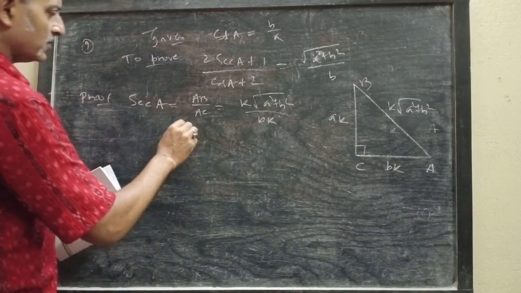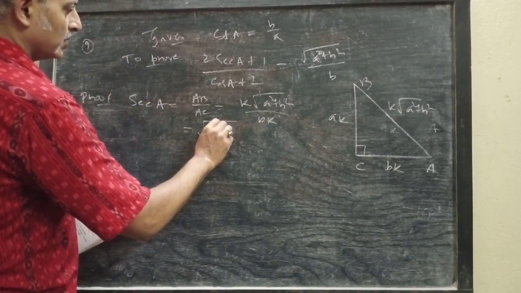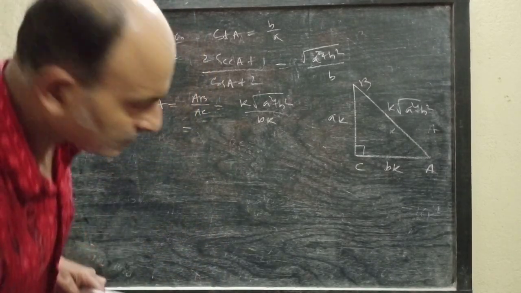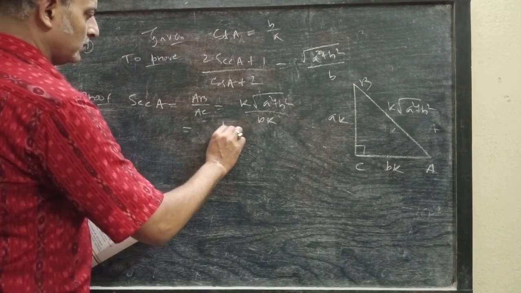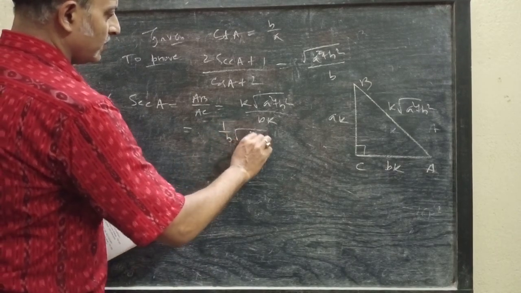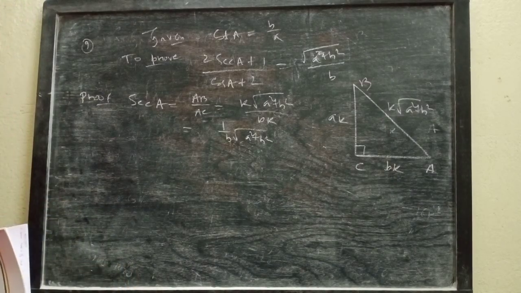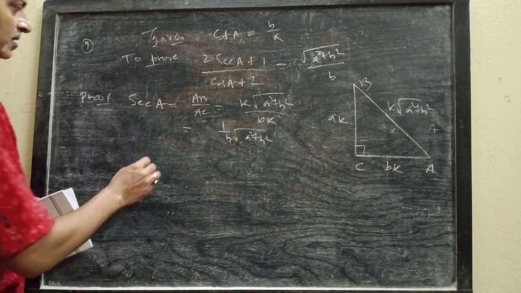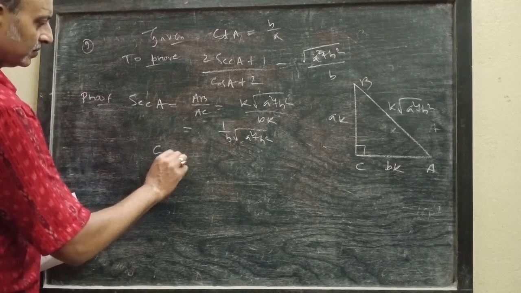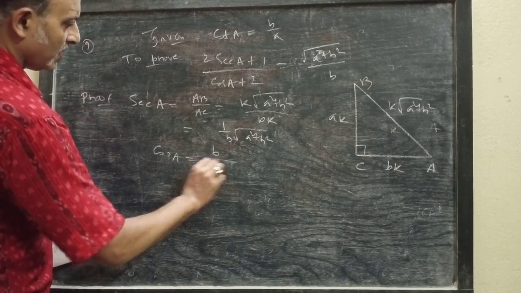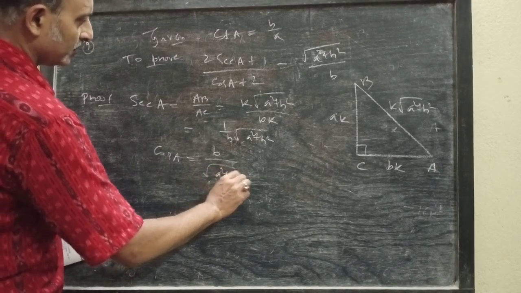K cancelled, so you get 1 by b root over of a square plus b square. This is sec A. And the cos A will be its reciprocal, b by root over of a square plus b square.